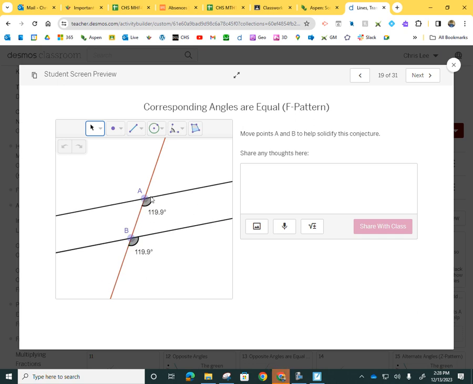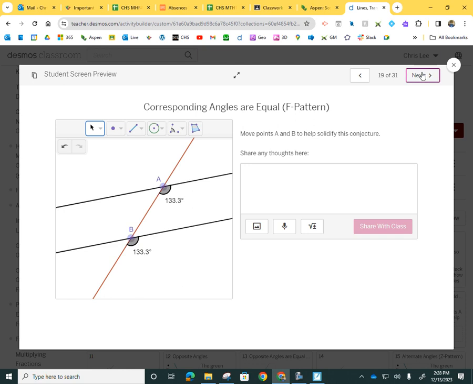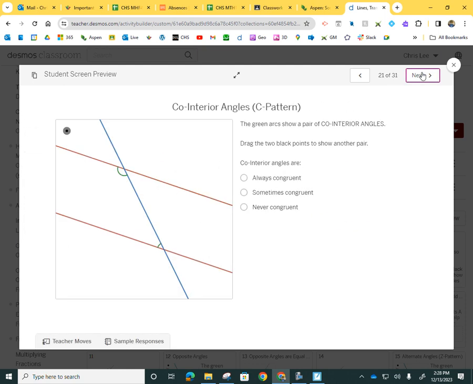This one's 119.9. I could change it to, I had a nice one there, 132. Anyways, doesn't matter. As long as you have that F, and that F can be backwards as well. So this angle, this opposite here, or this alternative supplementary angle there and there are also equal. So it doesn't matter if you have the F in a different pattern. So there's a good visual and proof of that one.